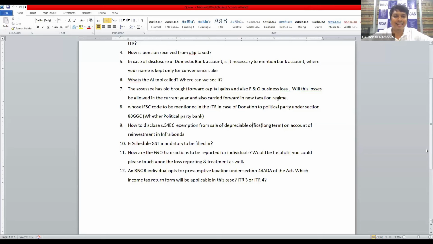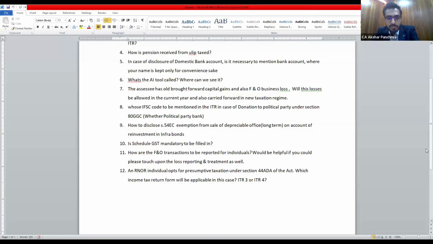Here the block ceases to exist and then you have the short term. So here one will have to mention the same in the long-term schedule to claim this 54EC deduction properly. Correct, correct. And maybe one can also think of, after filing the ITR, a letter may be written to the jurisdictional assessing officer, explaining how the assessee has claimed that deduction. Correct. Great. Akshar, the next one.